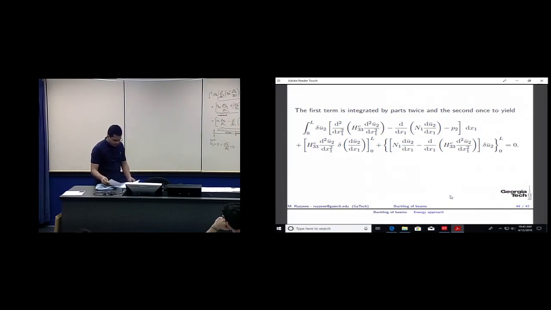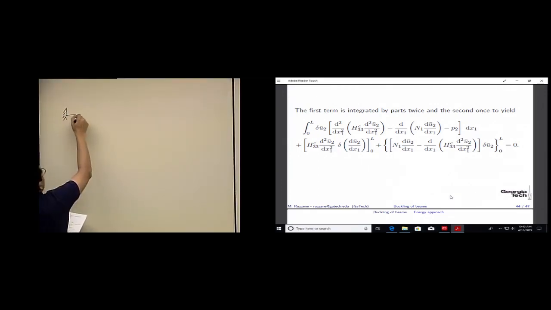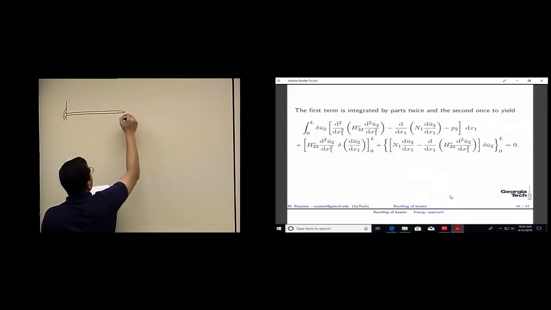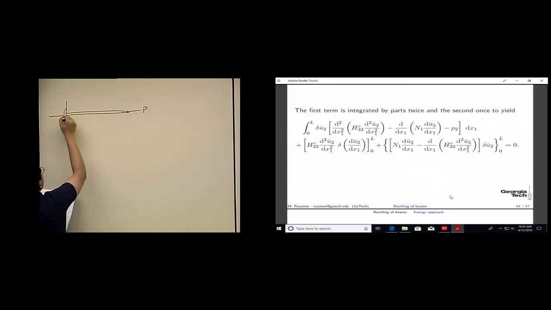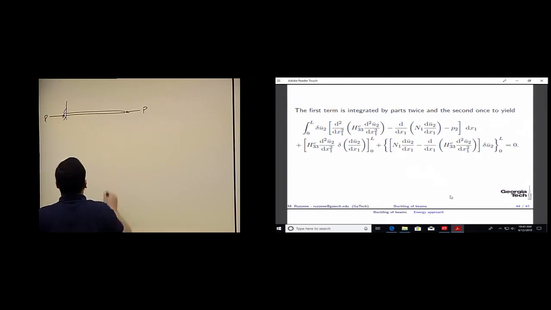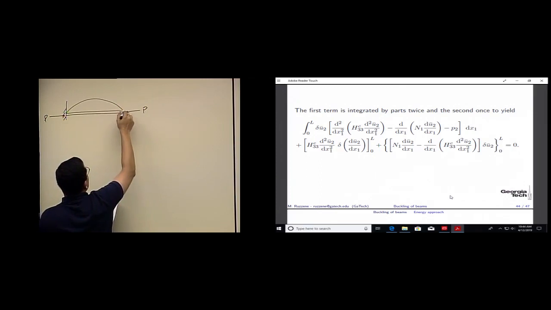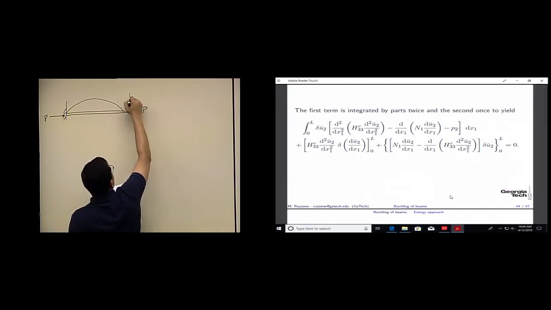So let's try and solve an example using energy methods. So far what we have done is used energy methods to derive the equilibrium equations. We used Newton's method in the last class to derive the equilibrium equations, the governing equations, right? So now let's take a beam, a cantilever beam, which is subjected to a compressive force P, and then there is a distributed load which is of the form of a sine function.